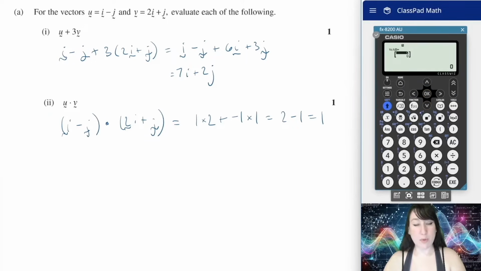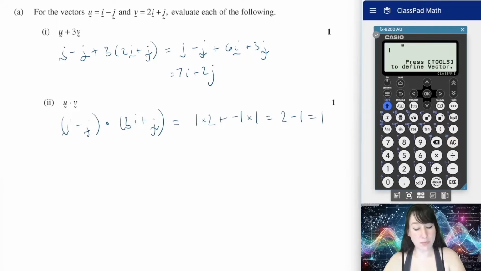The second vector's components are 2 and 1. Now, let's take the first vector plus 3 times the second. And you see the components, 7 and 2.